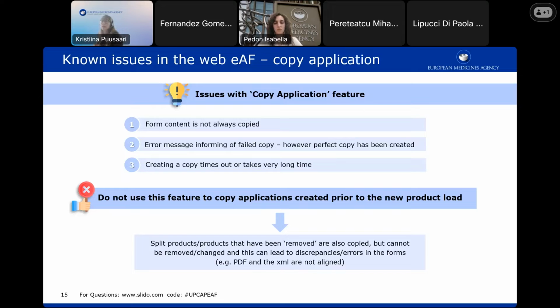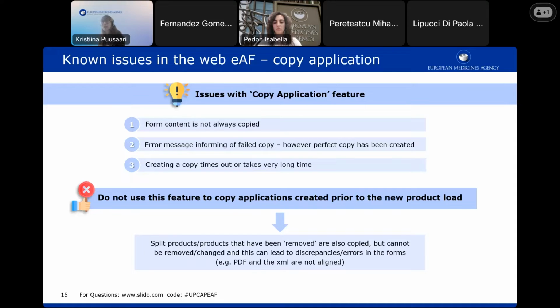So the content did not, for some reason, come into the copied application. What seems to happen perhaps more often is that you will receive an error message informing you that the copy has failed. However, when you check, there is a perfect copy that has been created.